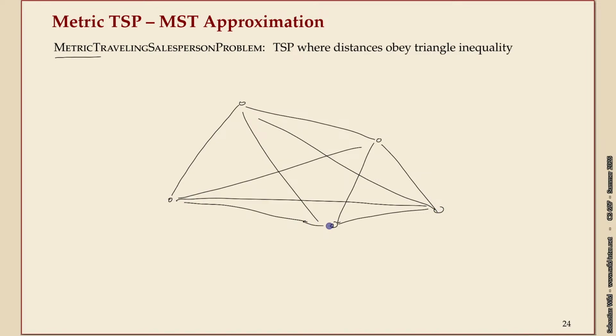The big point, let me first say the big point about having triangle inequality means if I somehow have a solution that goes like this, it goes via some other city, but it turns out as part of my algorithm that it's inconvenient to have this detour in it. I can always instead shortcut it and take the direct edge, and this is never going to make the tour longer. Okay?